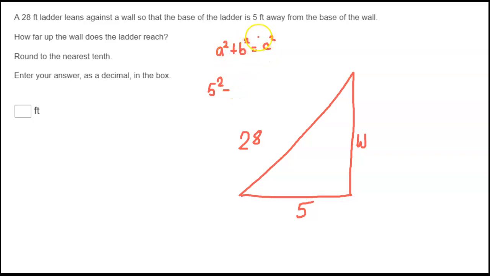So we're going to subtract c from both sides, or we could actually subtract a from both sides, whichever way you want to do it. I like to subtract c from both sides. It makes it work out. It's going to give you a negative number, but we know that we're talking about distance, so it's not going to end up being negative in the end. So you're going to say subtract 28 squared is equal to b squared.